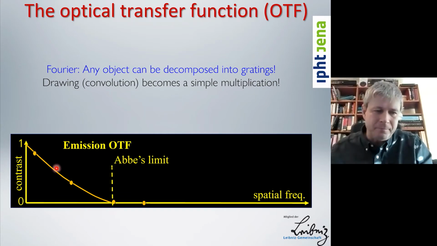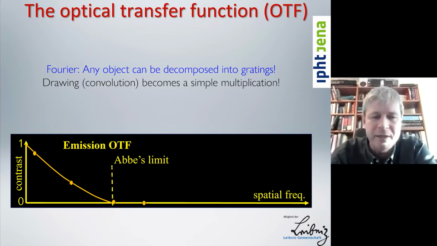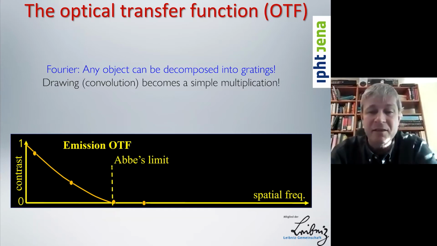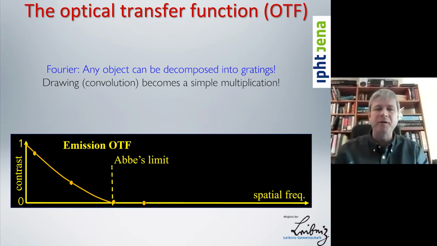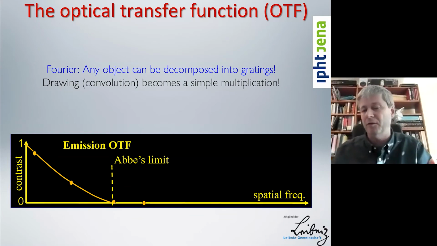And so this fixed limit means that nothing is transferred for higher spatial frequencies. And that's the good thing, because the upper limit is really a yes or no answer. Are you below the upper limit? Then there's a chance to image something if the signal to noise is good enough. And if you're above the upper limit with your object, there's no chance. You can do whatever you like. The image is indistinguishable from just a constant background.